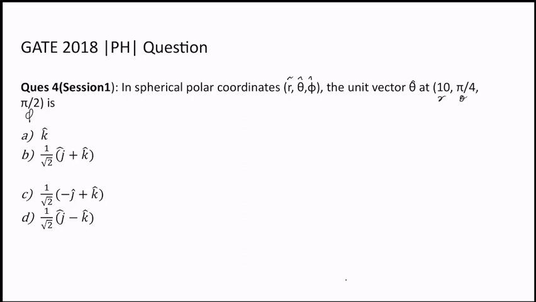Okay, so we all know that in Cartesian system, any vector r can be resolved into three components: rx i cap plus ry j cap plus rz k cap, where i, j, k cap are nothing but the basis vectors or three independent directions along which we can resolve any vector in 3D Cartesian system.